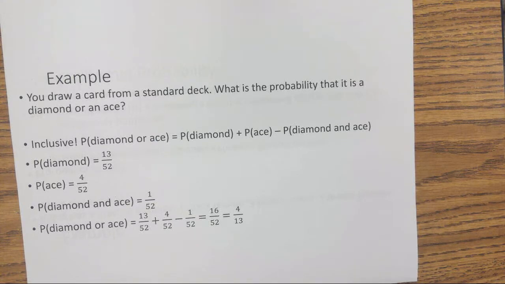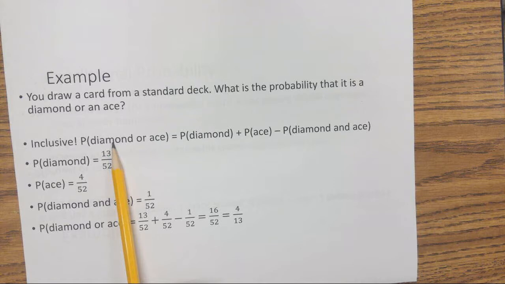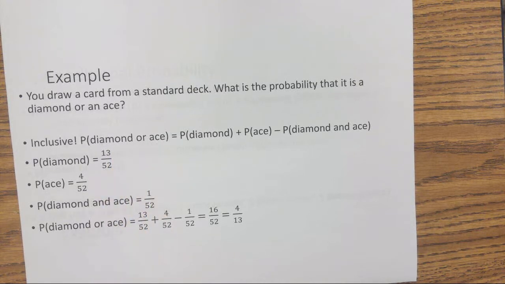Why is this inclusive? Well, because I could draw a card and it could be a diamond, but it could also be an ace. So because it could be a diamond and an ace at the same time, then it's inclusive. I could draw a card and it's the ace of diamonds.